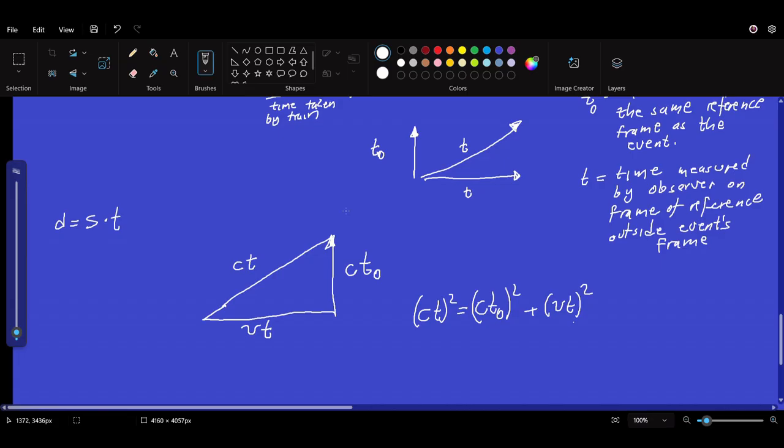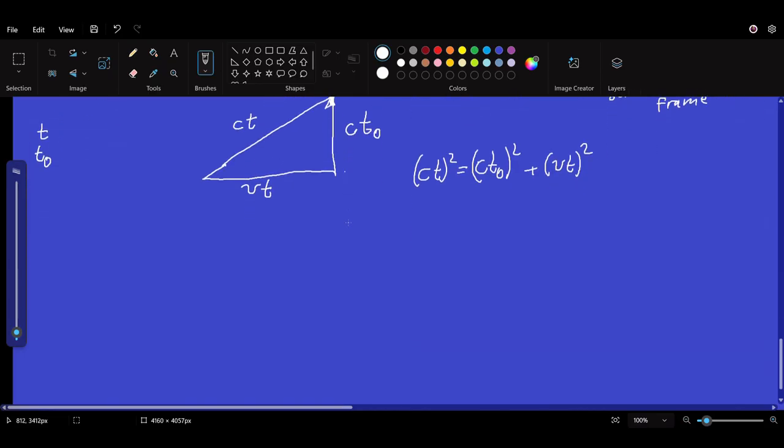So now this is a very important formula that can help us to find out the relationship between this time measured outside the frame of reference of the event, and then compare the proper time measured within the frame of reference of the event. So now here we will do some algebra, of course, and try to figure out the relationship.